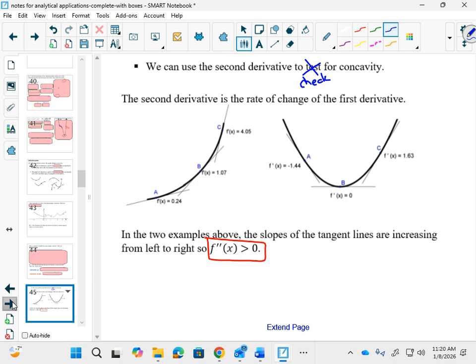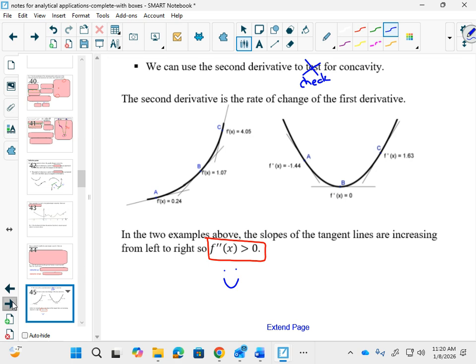So we use the second derivative to check for concavity. If your second derivative is positive, it is happy, it will be concave up. If your second derivative is positive, it tells you your first derivative is increasing.